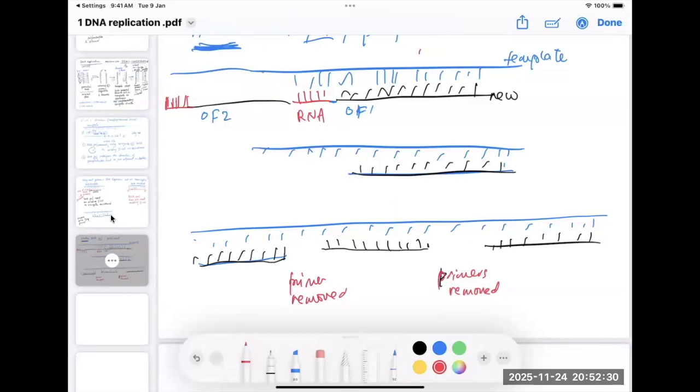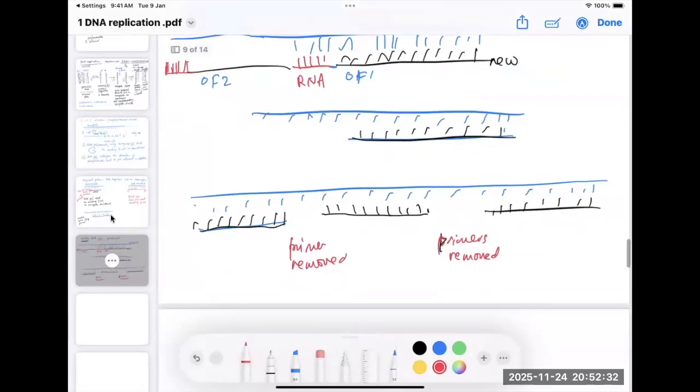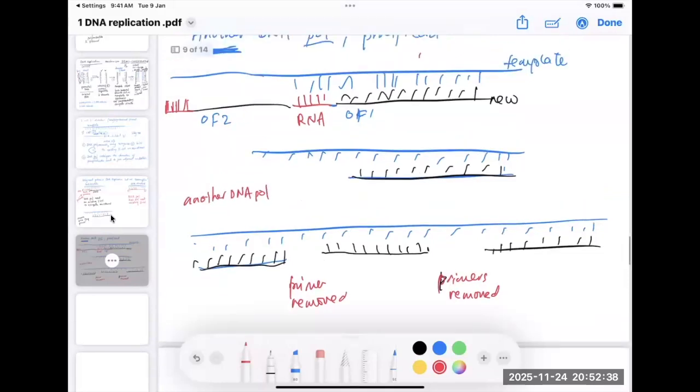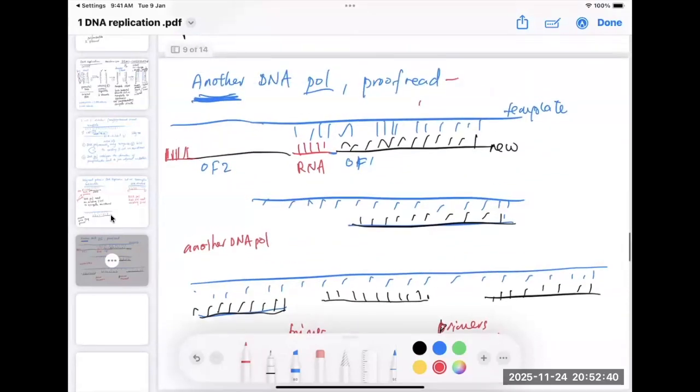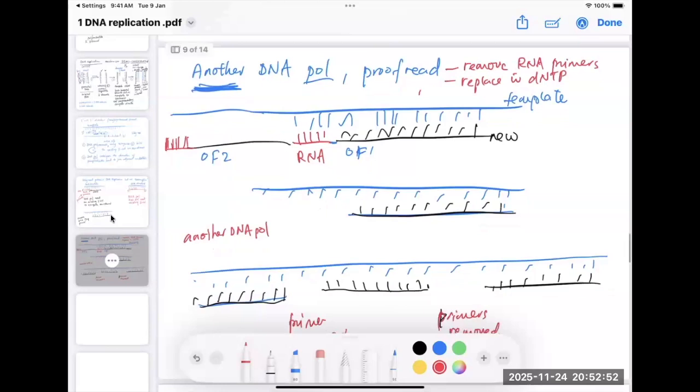So they have to replace. So the another DNA pole, just now we said, will check, do the proofread and remove the RNA primers. After they remove, they have to put back, isn't it? And then they replace with dNTPs to make it DNA.